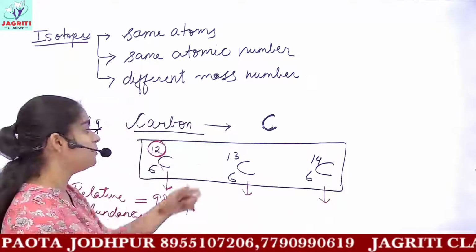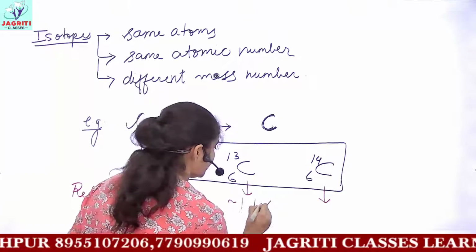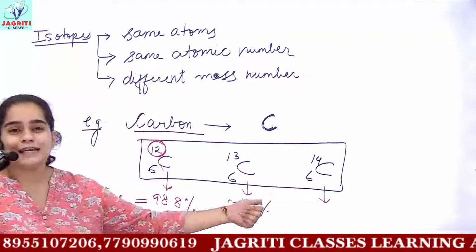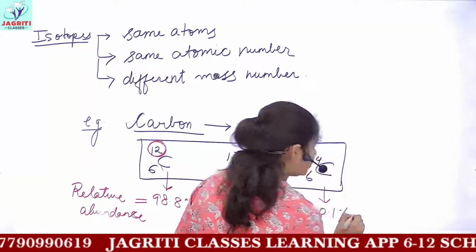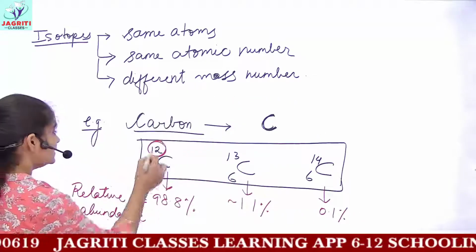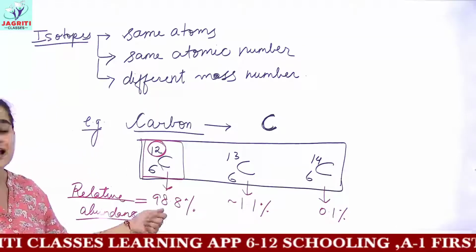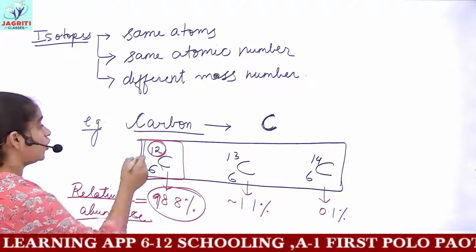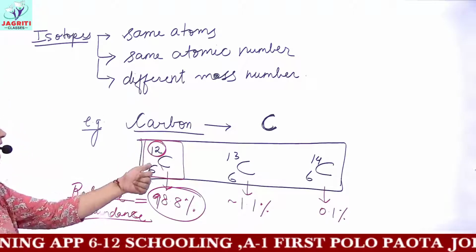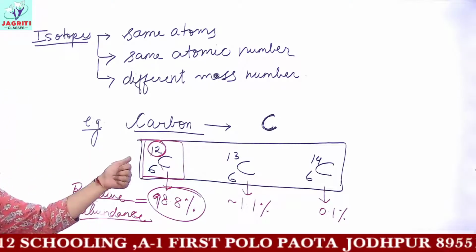The relative abundance of the C13 isotope is approximately 1.1%, and C14 is very rare, occurring as 0.1%. So the C12 isotope, due to its high relative abundance, is what we use, and we calculate the normal mass of carbon to be 12 U or 12 AMU.